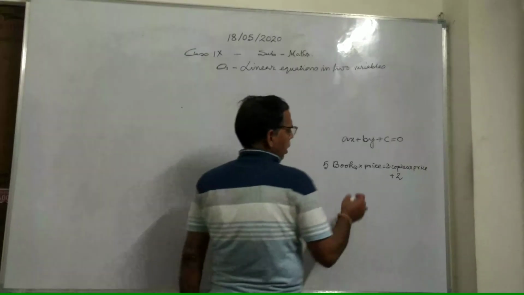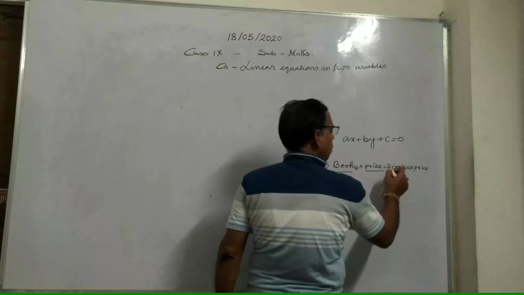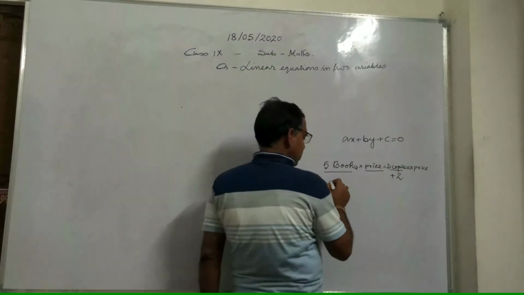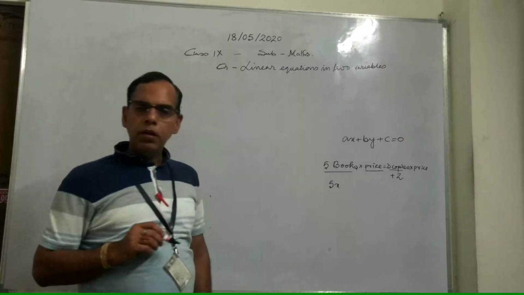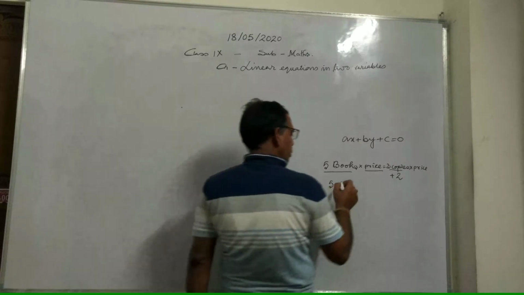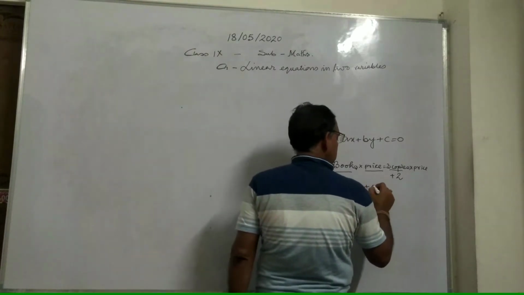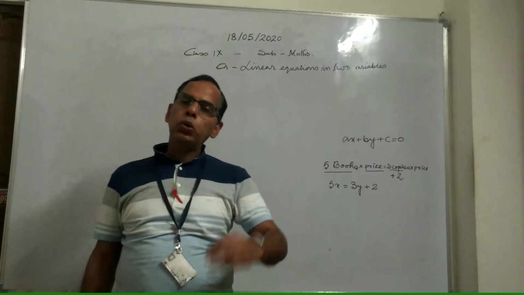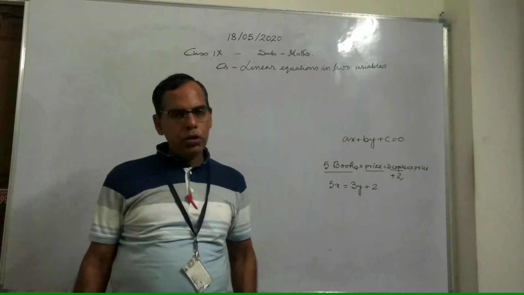Now you convert: the number of books you know, the number of copies you know. So if the price of a book is x, then it is 5x. And the price of a copy be y, then 3y plus 2. This is how to convert a statement into variables.